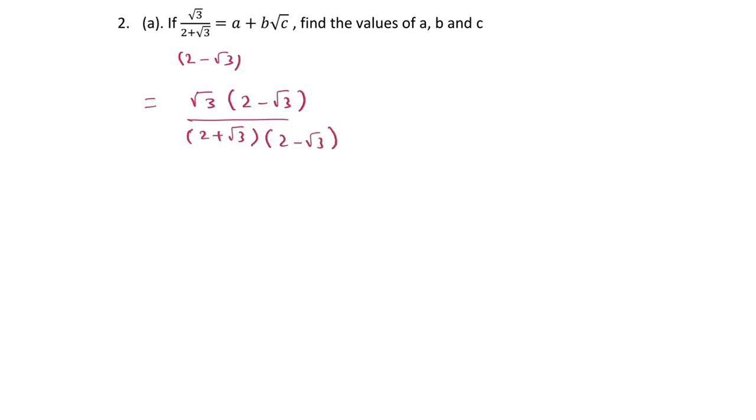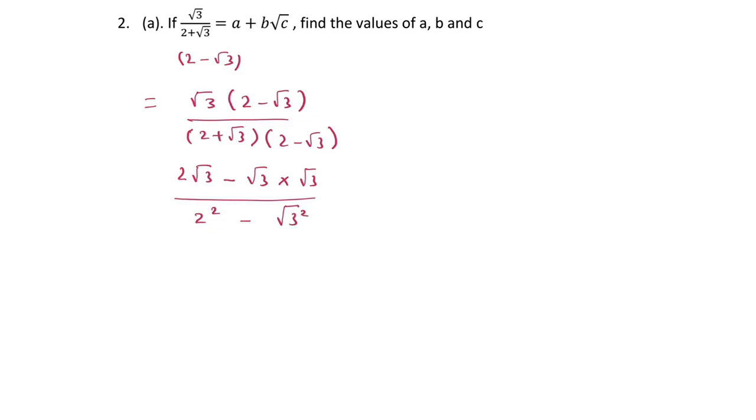Okay, so now let us open the brackets of the numerator. And for the denominator, we are going to expand the expression by applying the difference of two squares technique. Then our expression is going to be 2 under root 3 minus under root 3 times under root 3 over 2 squared minus under root 3 squared.